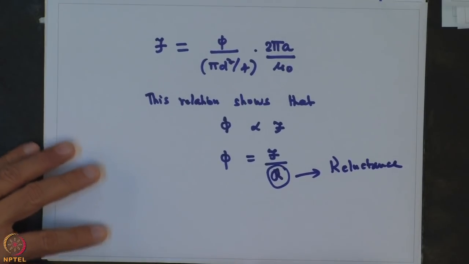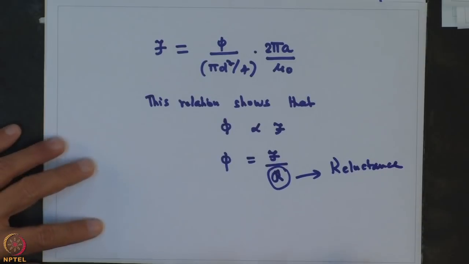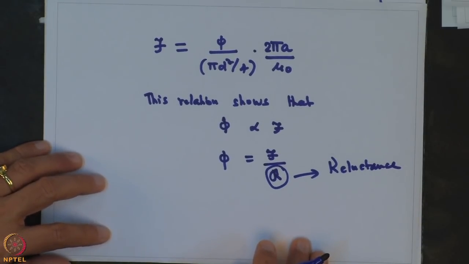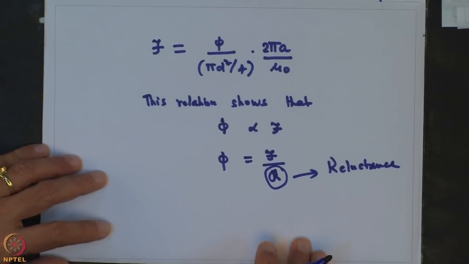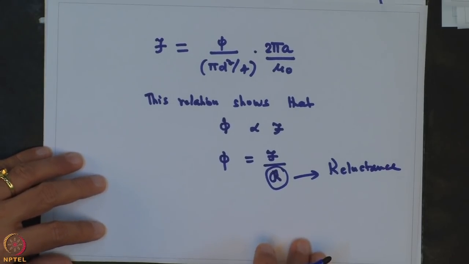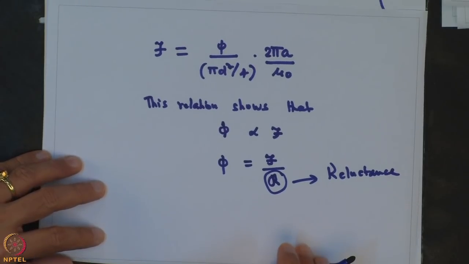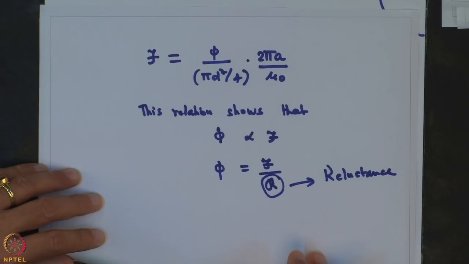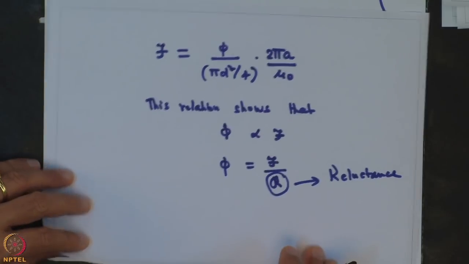This relation may be compared with the standard electrical expression in electrical engineering, which says current is equal to voltage divided by resistance. In the case of magnetic circuits, it is the flux that is equal to the magnetomotive force, which is the equivalent of the voltage, divided by reluctance, which is the analogous of resistance.